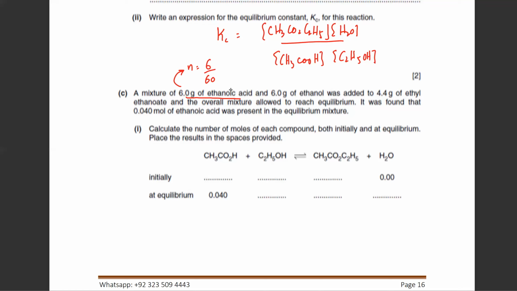So the initial moles would come out to be, what is 6 divided by 60? It's 0.1 moles, right? So it's 0.1 moles. So he mixes 0.1 moles of ethanoic acid with 6 grams of ethanol. Again convert that into moles. So that is going to be 6 divided by ethanol, which is C2H5OH. That is 12 into 2 plus 5H plus OH. That would give you, I think, 46. Can somebody quickly tell me how many moles of ethanol do we have?